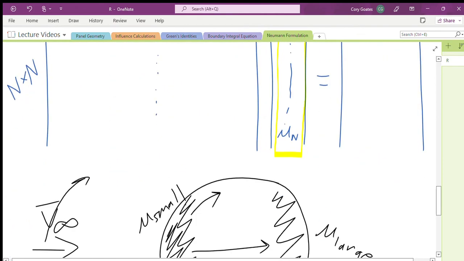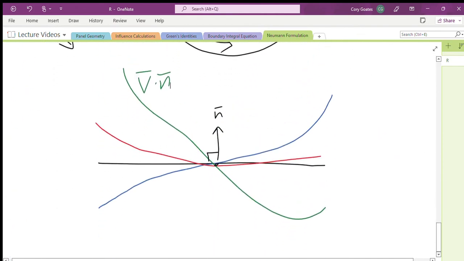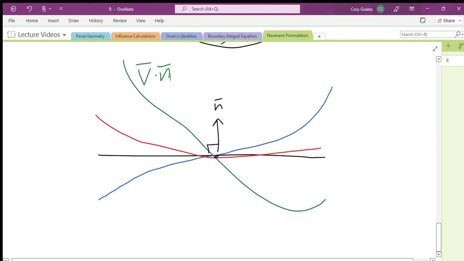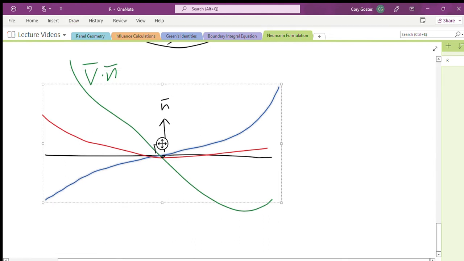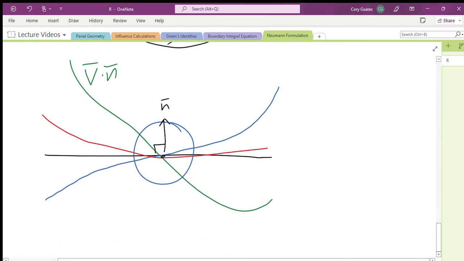The same does not apply here with these panel methods. Because we're solving it in a discrete sense, in an approximate sense, the boundary conditions are only satisfied at the points where we've explicitly enforced them. So right there.